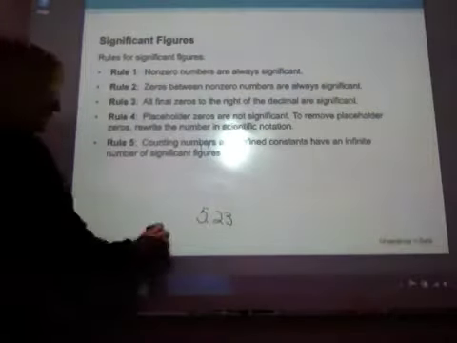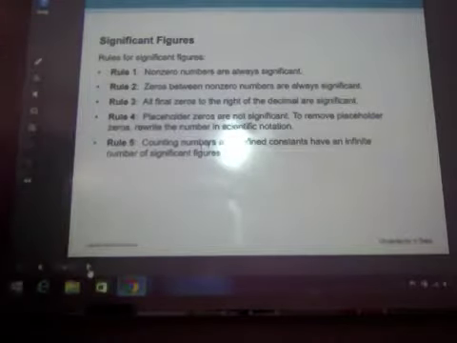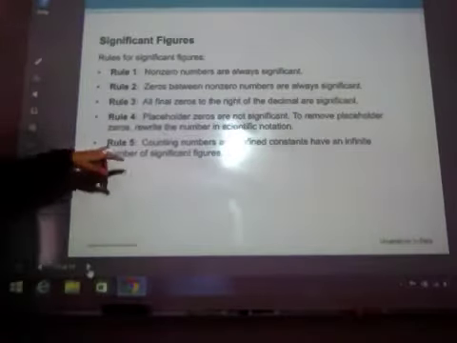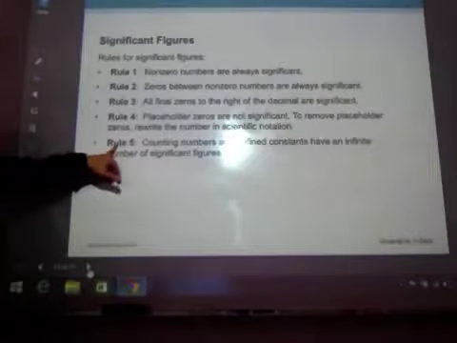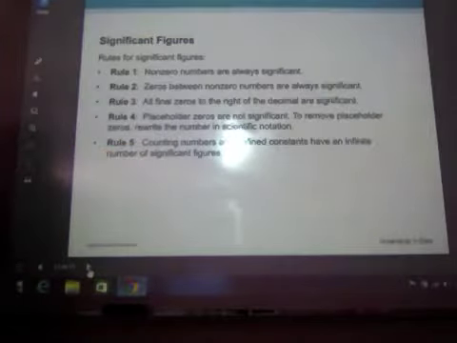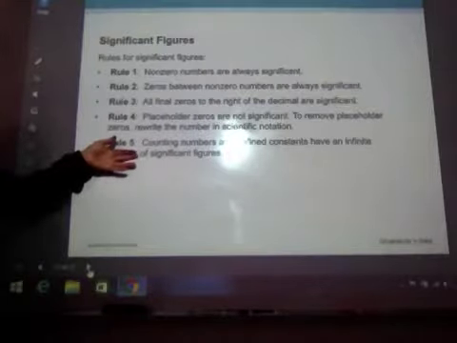When we look at numbers, there are rules. Here are rules that you can come back and look at. I do want to point out one thing. Counting numbers don't really have significant digits. If I say I have 12 kids in class, I'm not going to say I have 11.75. I can't have 11.75 students.